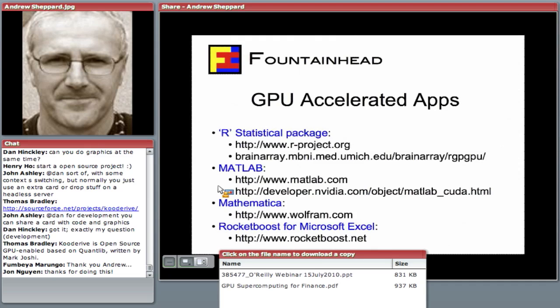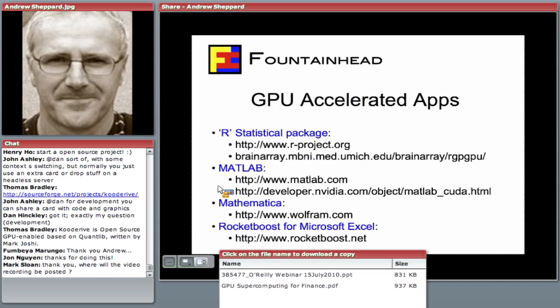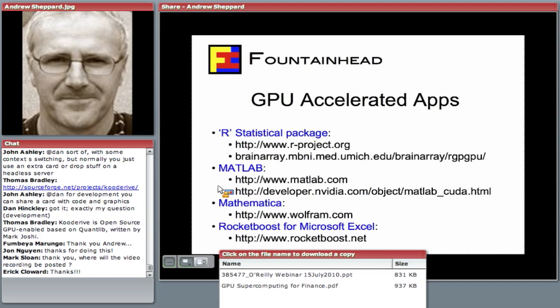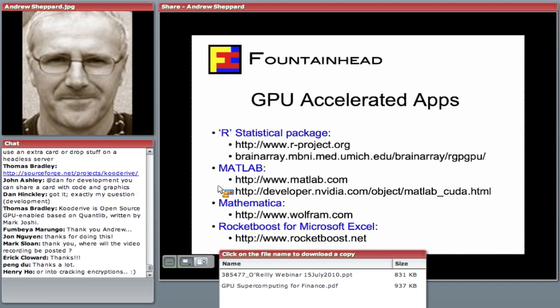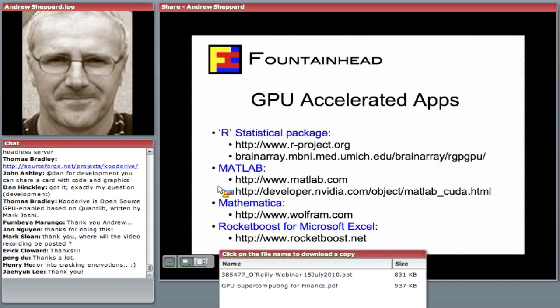I think it'll do very well in finance. Yes, and if you're in finance, it should definitely be on your radar screen. And I think it'll do well generally as well. When you see speed ups of times 10 or times 100, this kind of changes the rules of the game. It's most definitely worth keeping an eye on at the very least.